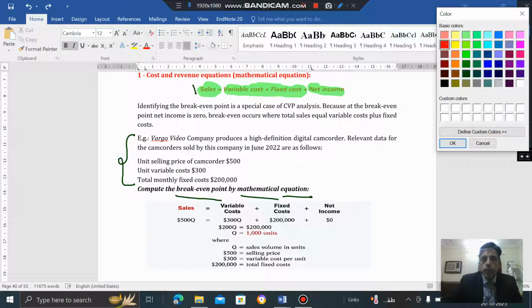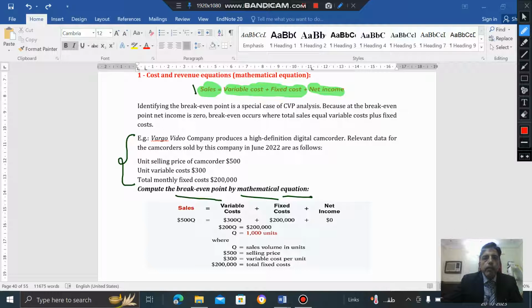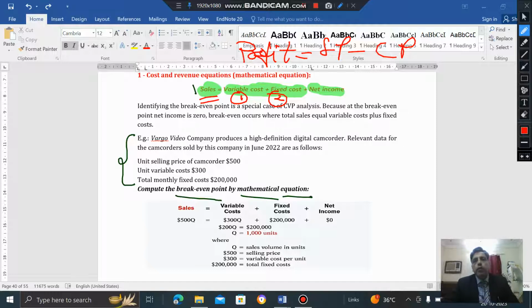You know that profit or gain is equal to selling price minus cost price. So it has been derived from here. Profit plus CP, and CP is a combination of variable cost and fixed cost, right? So sales is equal to profit plus CP. That means sales is equal to variable cost plus fixed cost plus net income.